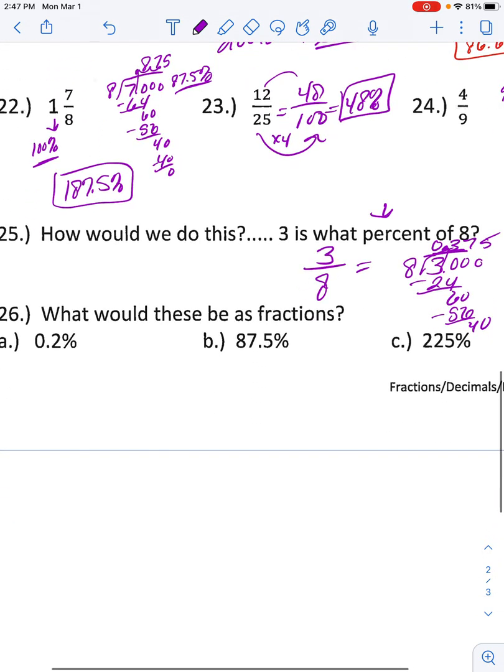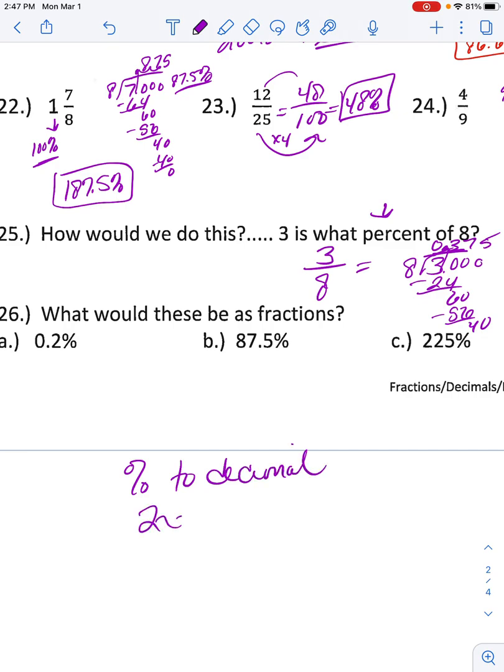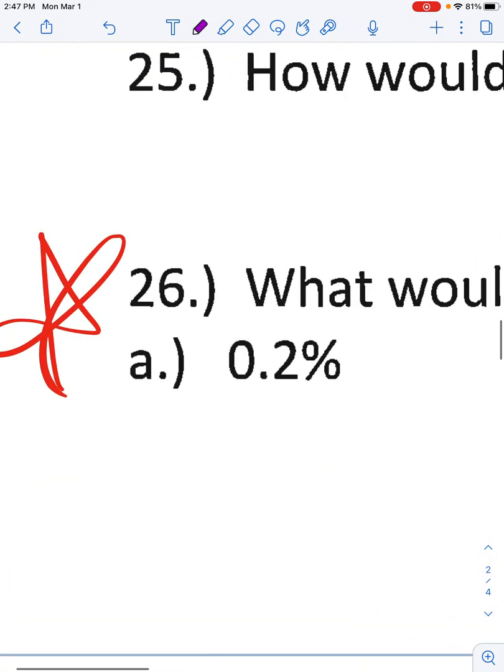To go from a percent to a decimal, you should write this down. Move it 2 times to the left. You're moving that decimal point 2 times to the left. So 0.2%, very, very small, a 0.2%.